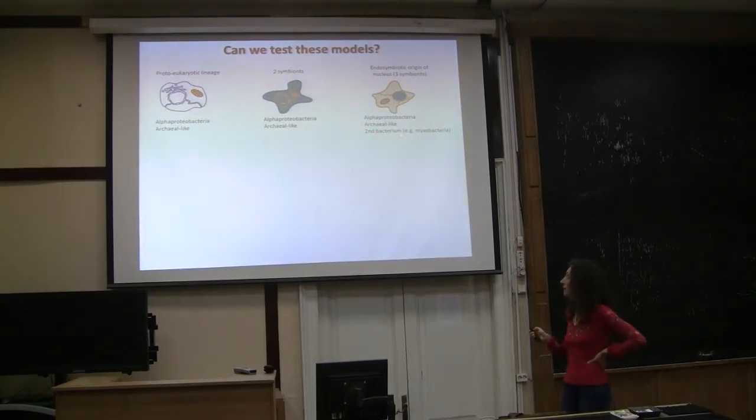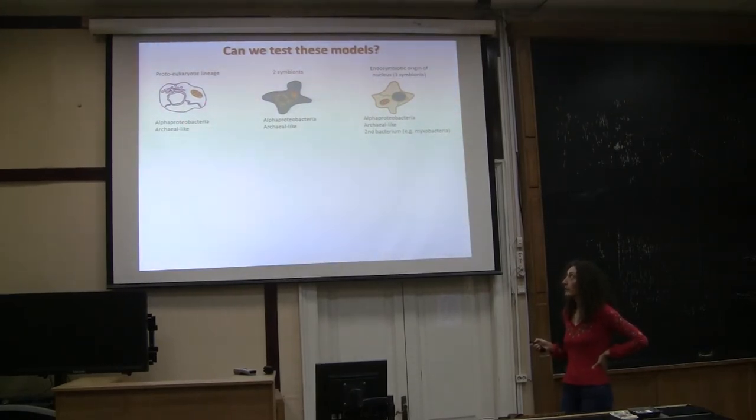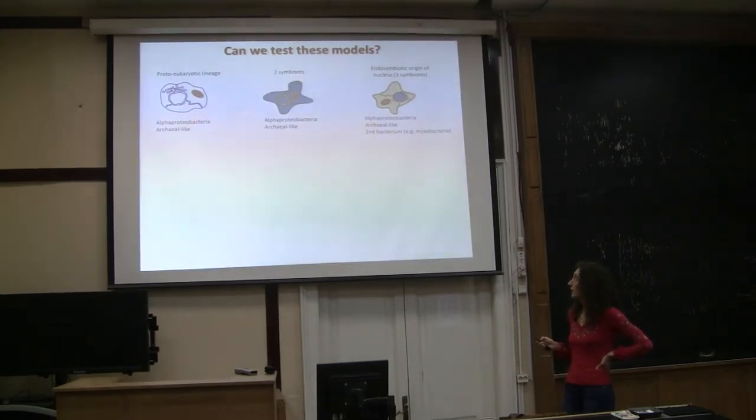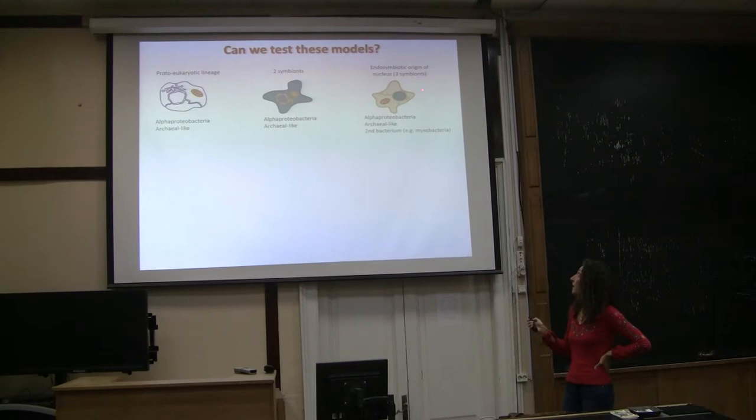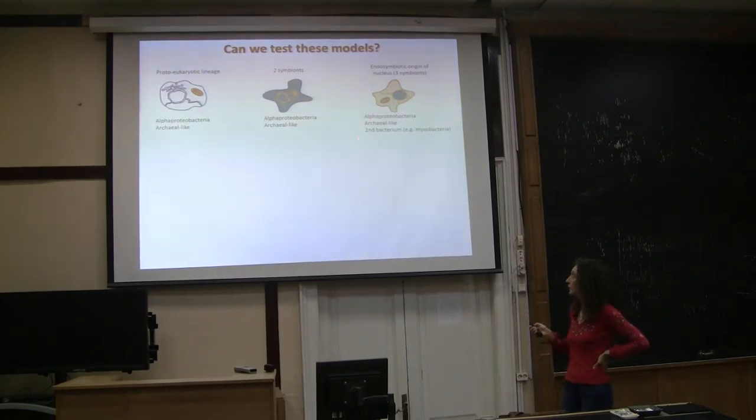So in all of them, you would expect to retrieve an alpha proteobacterial signal and genes of archaeal origin. Perhaps in these models you would expect, in addition, to have genes of, for instance, myxobacterial type, or the type of bacterium that would have engulfed the future nucleus.